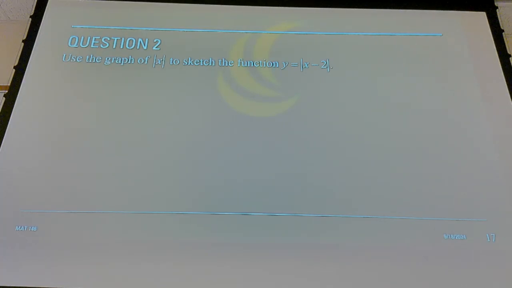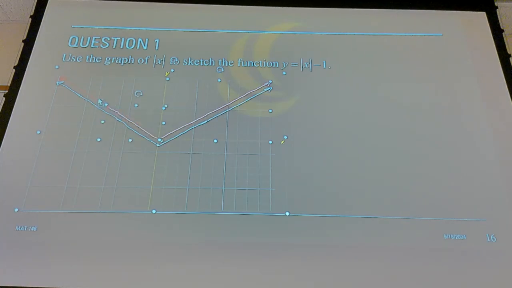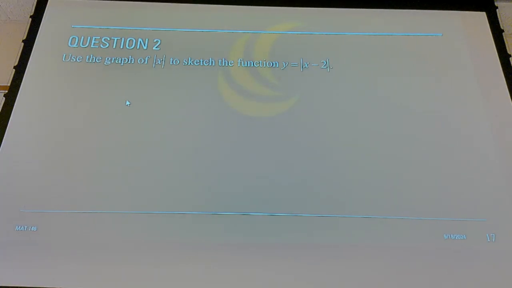And so, absolute value of x minus 2. Now what I'm going to do is select that. So again, start by trying to describe how you would get it.